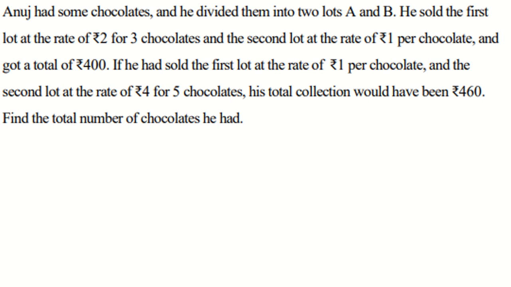Okay, now next is like a word problem or maybe a case study. Anuj had some chocolates. He divided them into two lots, A and B. He sold the first lot at the rate of 2 for 3 rupees, and the second lot at 1 rupee per chocolate, and got a total of 400 rupees.